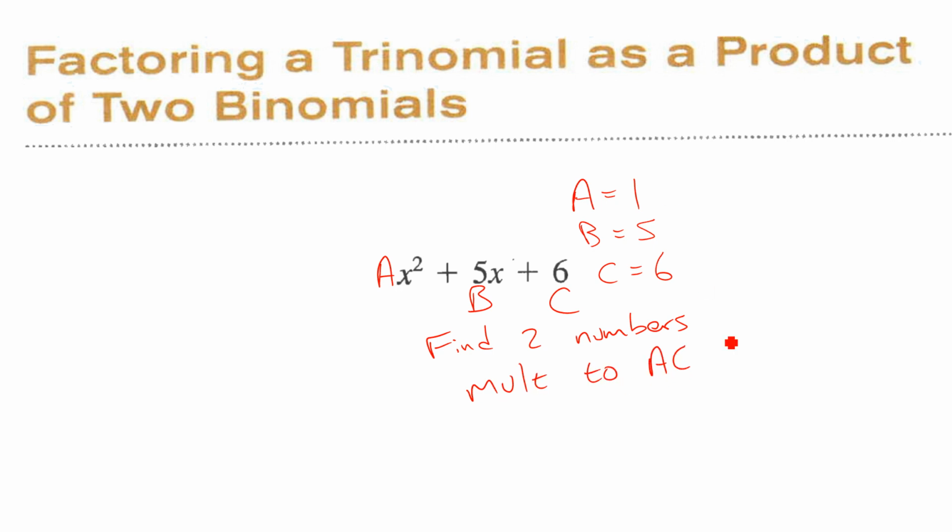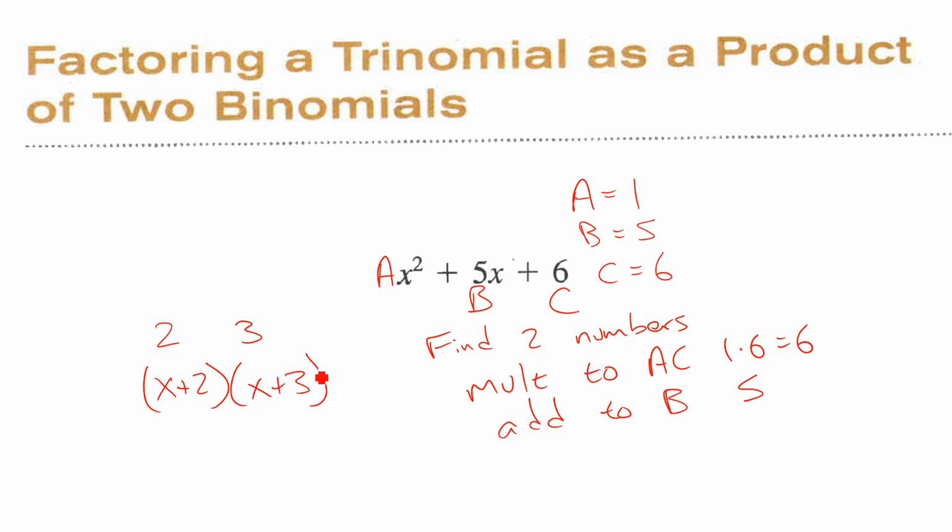So a times c, in this case, 1 times 6 is 6, and add to b. So in this case, we're going to add to 5. Can we come up with 2 numbers that multiply to 6 and add to 5? So 2 and 3, right? So in that case, we have x plus 2 and x plus 3 are our factors.